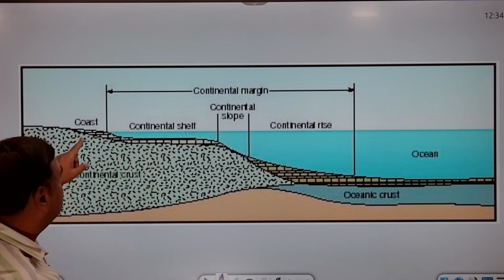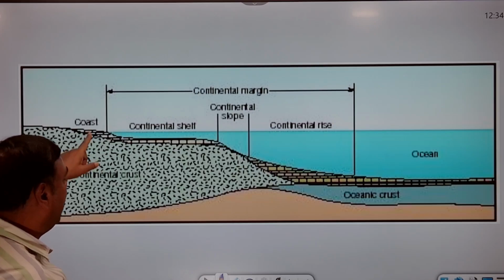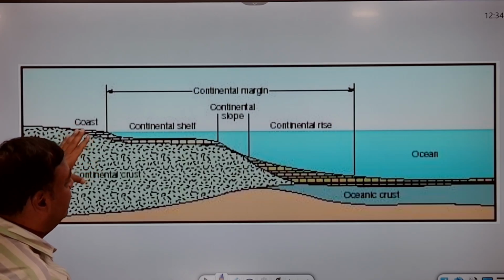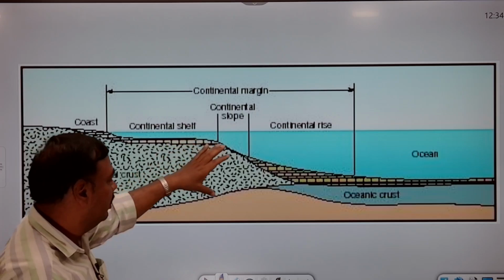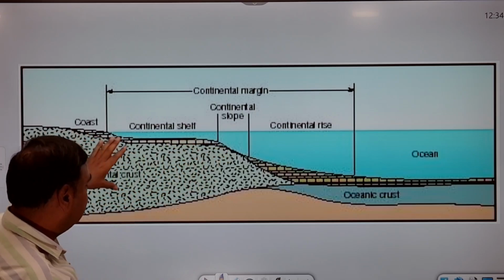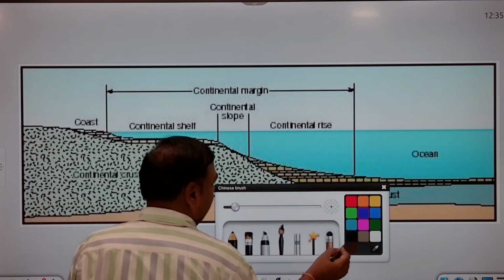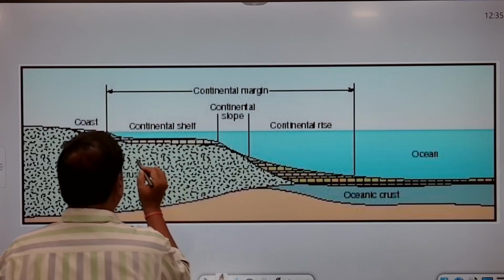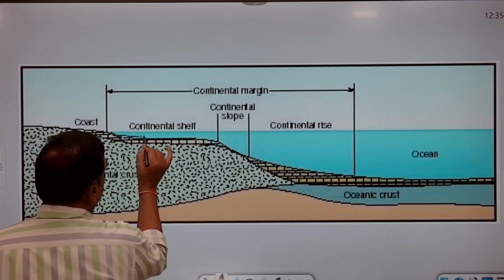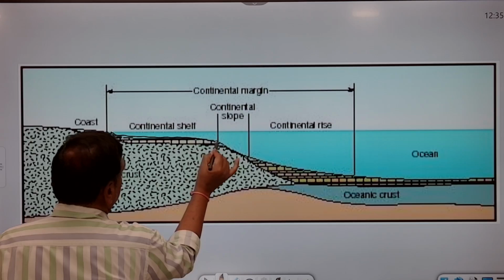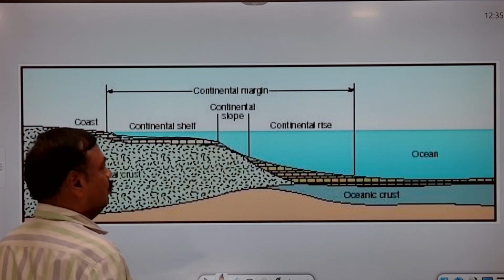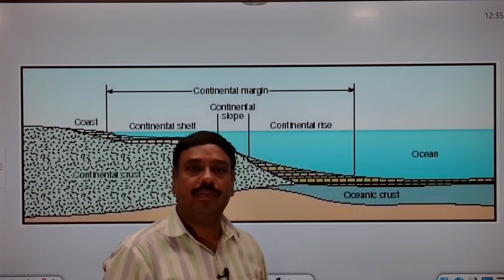So here we have a certain part of continental crust that extends towards the seawater, and it is a gently sloping region. This gently sloping region is defined on the basis of the slope gradient.